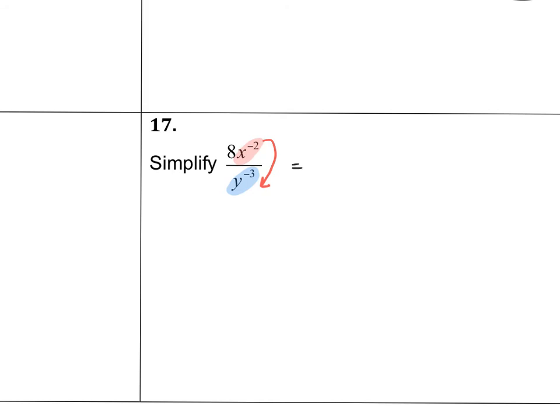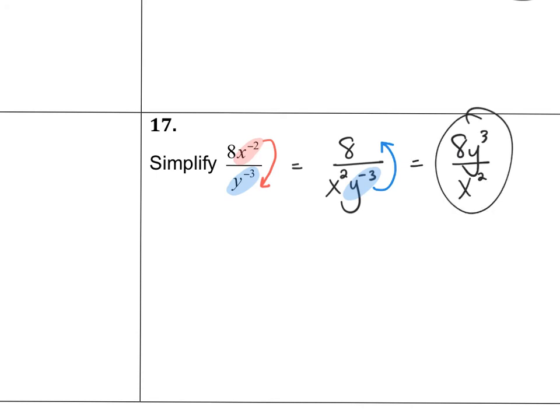It stays where it's at. 8 over x to the positive second, y to the negative third. Y is still a problem because it's still negative. So in order to fix that, we're going to bring y to the top and change its sign. Nothing happens with 8, nothing happens with x. Everyone has positive exponents, we're good. 8y to the third over x to the second.